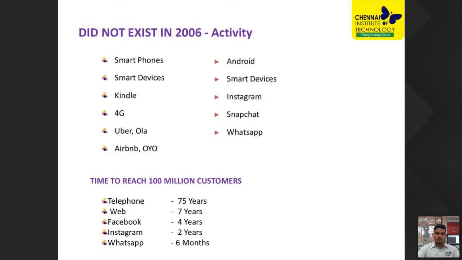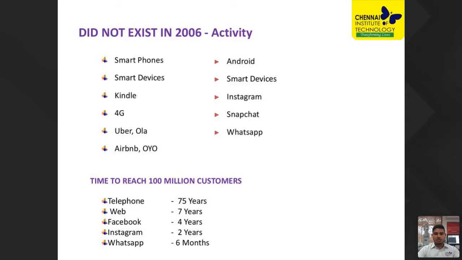Nobody would have imagined using a smartphone in everyone's hand in 2006. Smart devices, like Google Mini or Alexa, or even your smartphone's Google Assistant, even Siri from the iPhone, were not available in 2006.